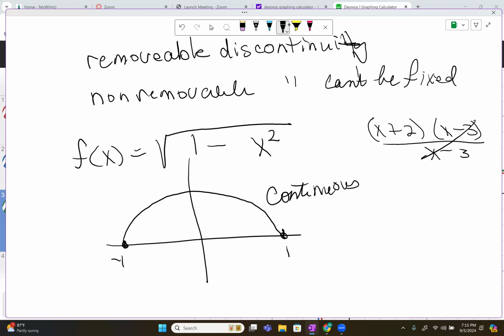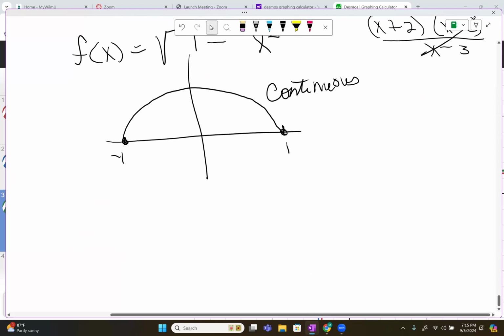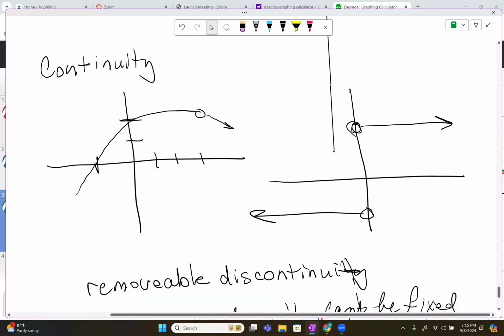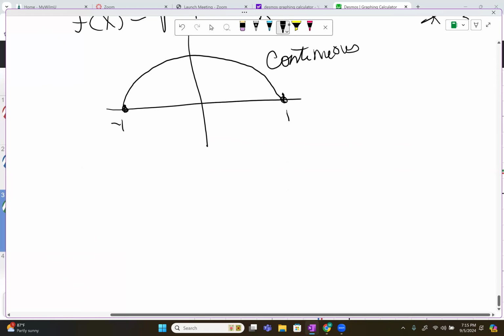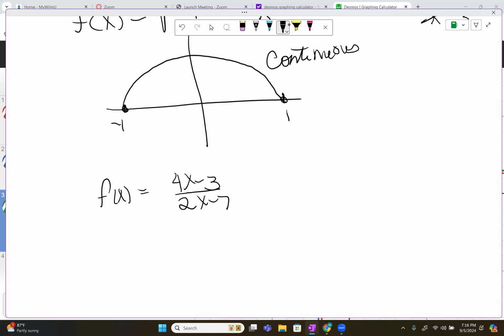So let's look at this example. What if I have f of x is equal to 4x minus 3, and this is over 2x minus 7. Is this continuous or not? In this case, is there discontinuity at 7/2?